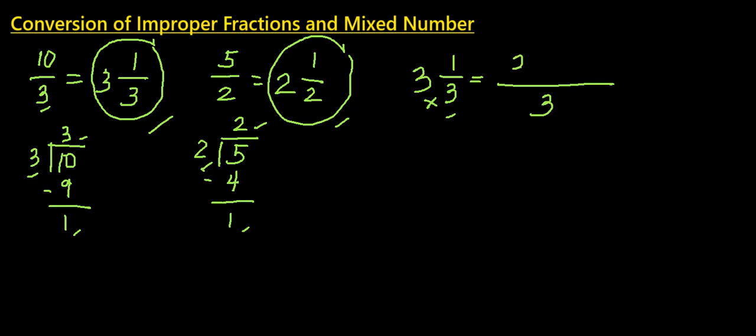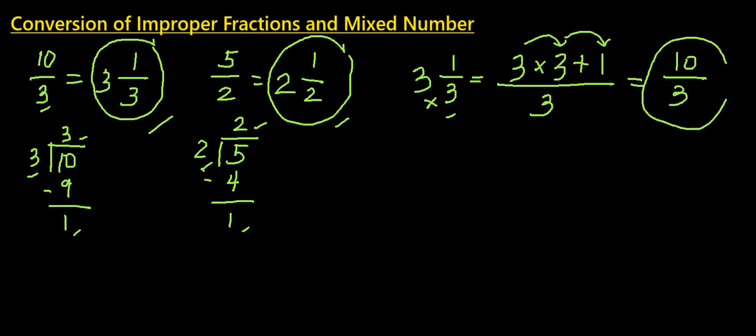So let's have 3, the whole number, times the denominator plus the numerator. Okay, so 3 times 3 is 9, plus 1 is 10 over 3. Which is also equivalent to this, 10 over 3.